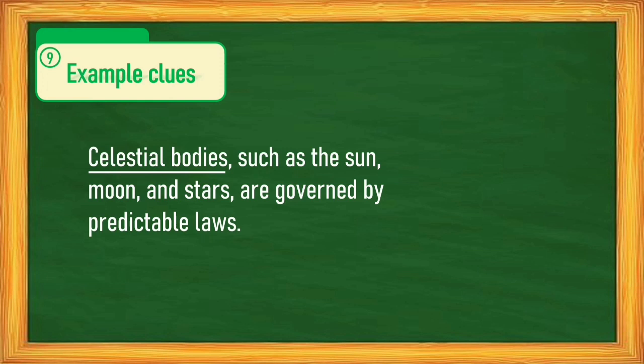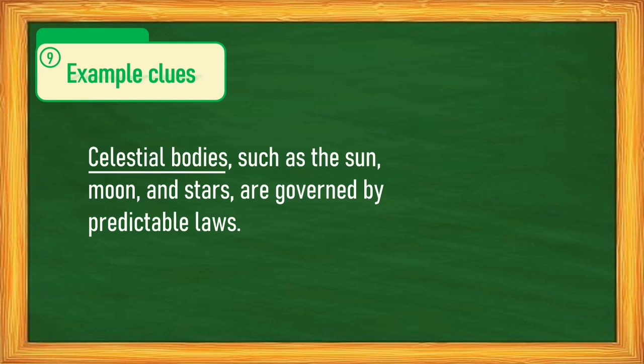Sometimes some authors provide examples or additional explanations or summaries to help you understand an unfamiliar word, and we call them example clues. For example, celestial bodies such as the sun, moon, and stars are governed by predictable laws. The difficult expression here is celestial bodies.